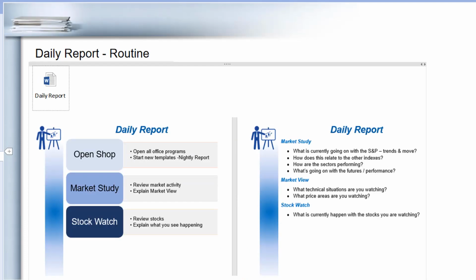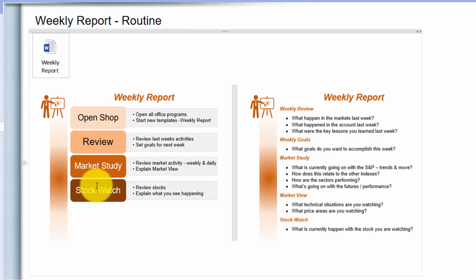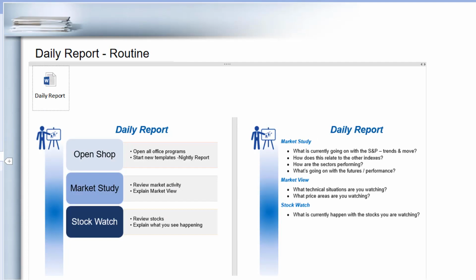Now, the daily report, again, is just a slimmed down version. You can see there's only 3 blocks here, where if we hop back to the weekly, you can see there's 4 of them. And the one that's missing is the review. We don't need to review things on a daily basis, but we do want to do reviews on larger term reports. So here everything's basically the same.